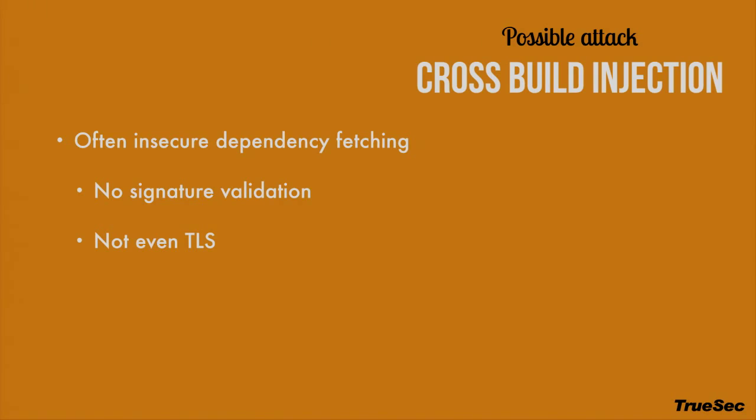So let's say you have a dependency manager that has insecure dependency fetching somehow. Maybe it's missing signature validation, maybe it's missing TLS. Then if someone can intercept the transfer and replace or inject code into your dependencies while being fetched, you will use these dependencies and build them right into your product and release that to your customers or clients or deploy it on a server somewhere.